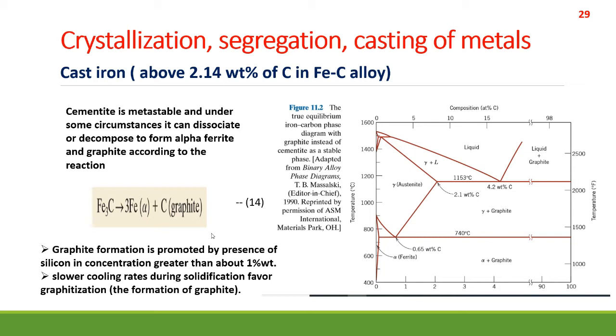And a slower cooling rate during solidification will also help in graphitization, the formation of graphite. In this picture of the phase diagram, you see the cementite is replaced by graphite because it is considered that under certain conditions, the cementite has converted into graphite.